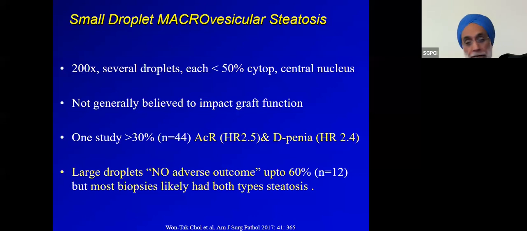Surprisingly, in this study, they reported no adverse outcome for large droplet macrovesicular steatosis, which is a little strange. So I have a feeling it's a nomenclature problem. What they're calling small droplet may not really be small droplet.